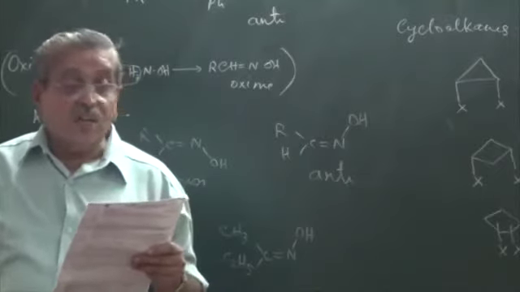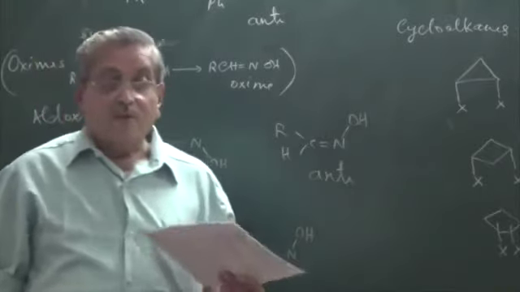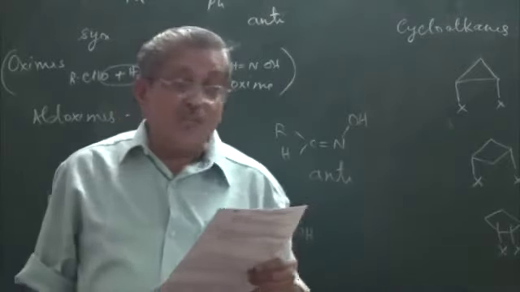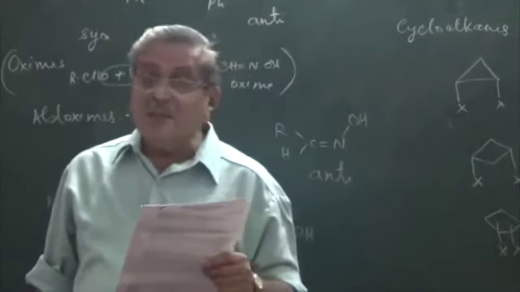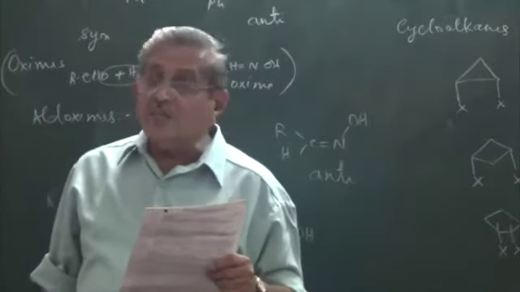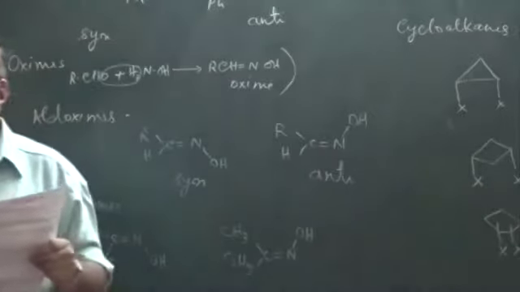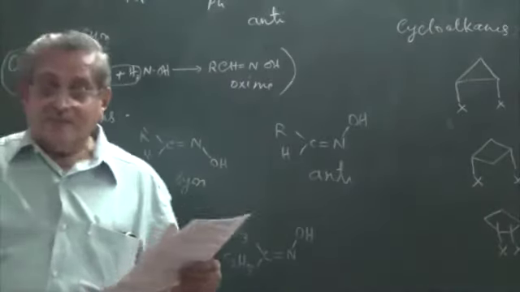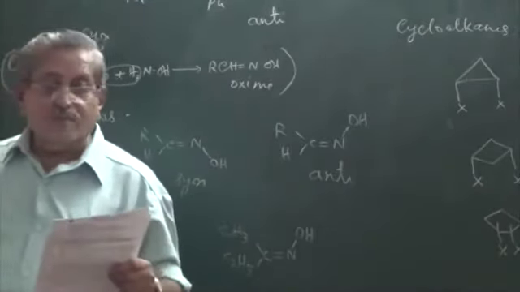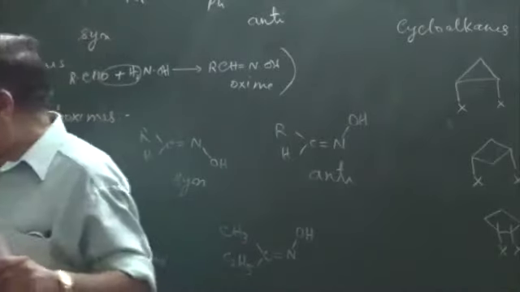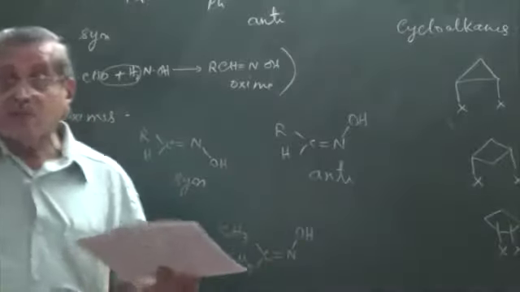Include only structural isomers, because later we should not confuse. Only structural. Total number of structural isomers having the molecular formula C4H10O. Can you just try yourself? How many structural isomers are possible? These are the type of problems that will be asked in the examination.